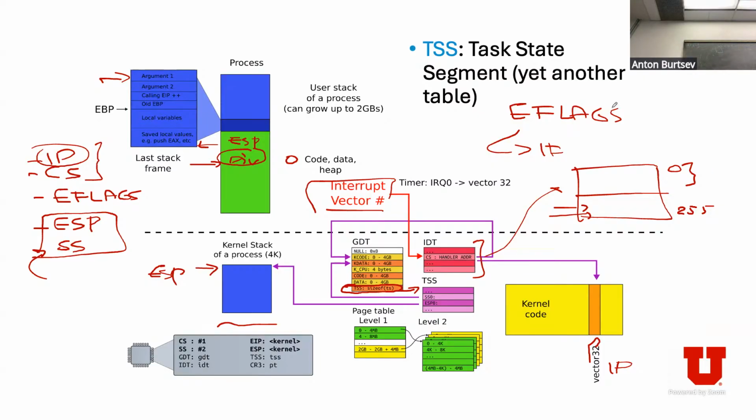It's kind of like the bullet is there. So I guess for those first 32 vectors. Correct. So those are synchronous conditions, right? Something is wrong. You're touching memory which is not mapped. You're dividing by 0. So you go through the interrupt descriptor table, and here there might be a flag which says whether the interrupts are enabled or disabled, right? So that's why you save E flags, the old state of this E flags register.